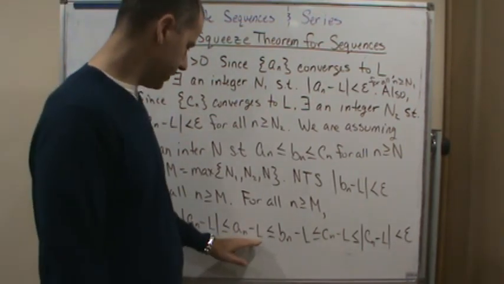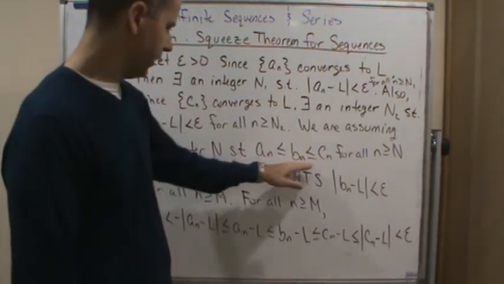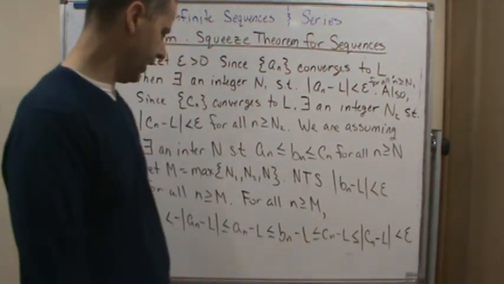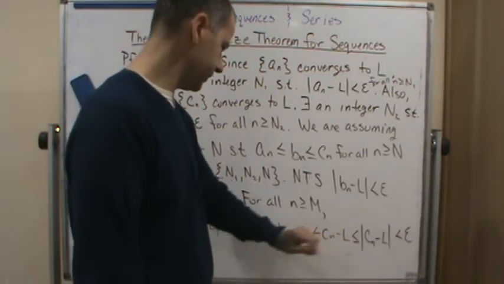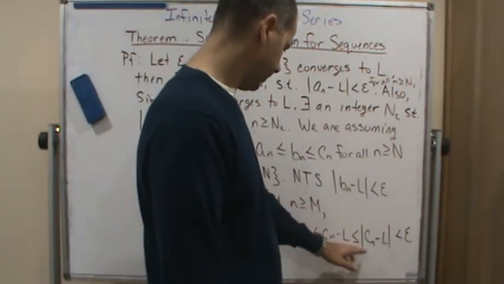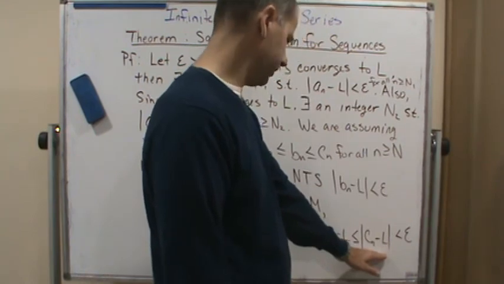And of course this and this all stem from this inequality. All we're doing is subtracting a constant L. So this should make sense. And then of course this is less than or equal to the absolute value of this.